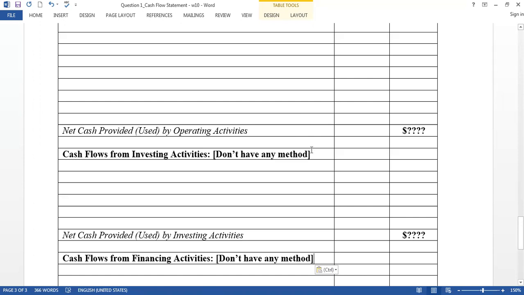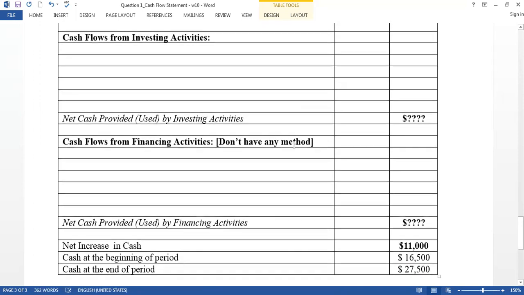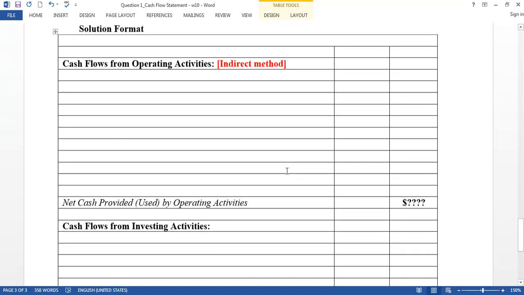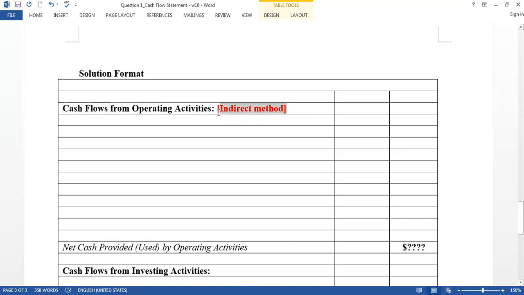Clear? Now today, actually, we are going to learn what the indirect method is. It is not very easy, not very difficult. So you have to know how to prepare cash flows from operating activities using which method? Using the indirect method.